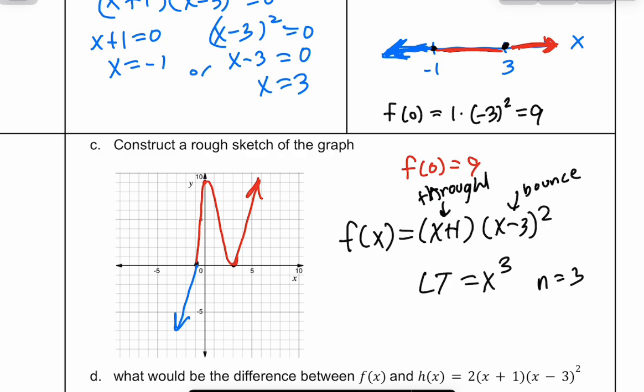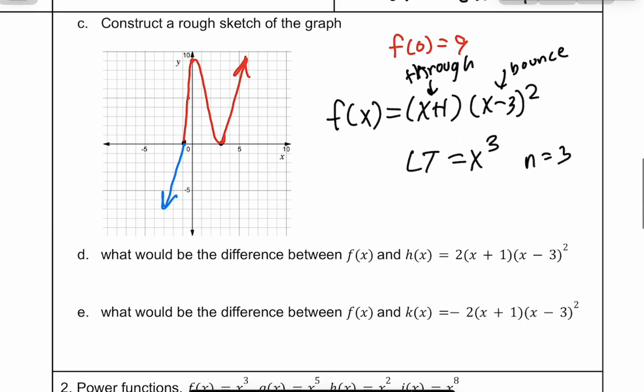This factor is a through, and this factor is a bounce. So I went through -1, but I bounced at 3. Think of a bouncy ball bouncing off the floor. So that is another tool that we can use to help us draw graphs that are kind of accurate, but not completely. I will give you more information as we go.